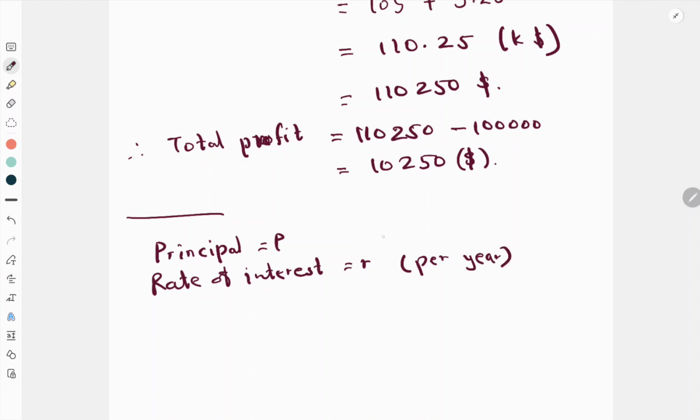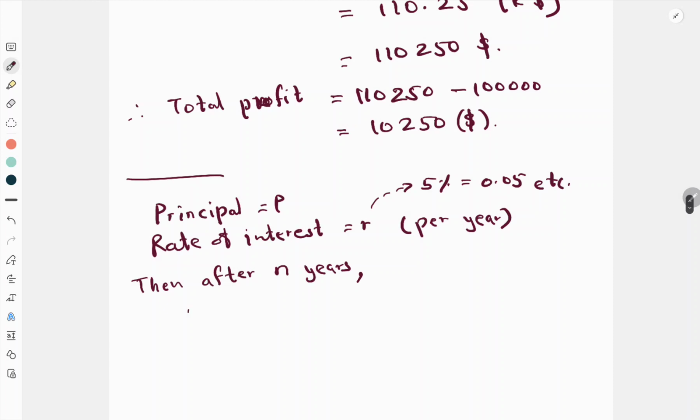R is a fraction here, so R is 5% is 0.05, etc. And so suppose then after n years, your total money is equal to P times (1 plus R) raised to n, and this n in the exponent is the power of compounding, really, that for small values of n this is non-significant, but if your n is 10 or 20, then this (1 plus R) to the power n can really grow the money a lot.